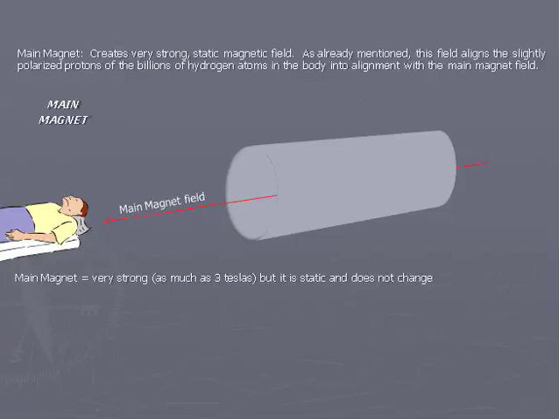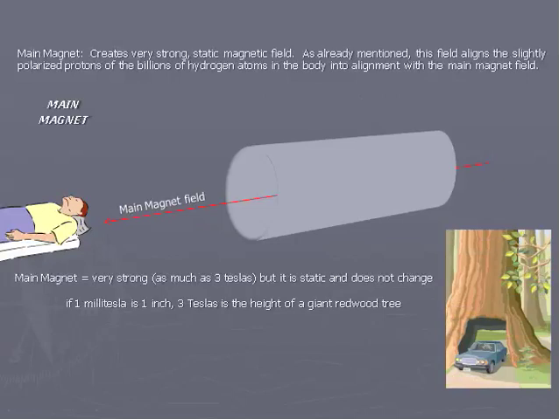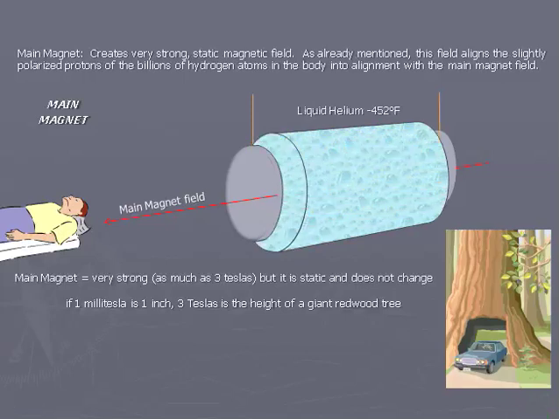To help give an understanding of how strong the main magnet is, if 1 millitesla is 1 inch, 3 teslas is the height of a giant redwood tree, and the Earth's magnetic field is roughly the height of a tiny ant. To get this enormous magnetic field requires a very large amount of wire coiled around the bore of the magnet, supercooled to 452 degrees Fahrenheit below zero.